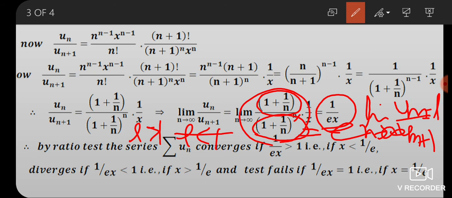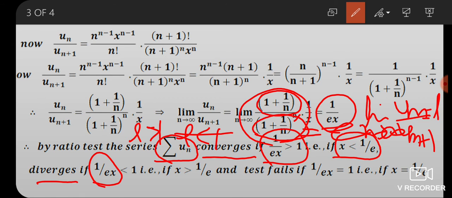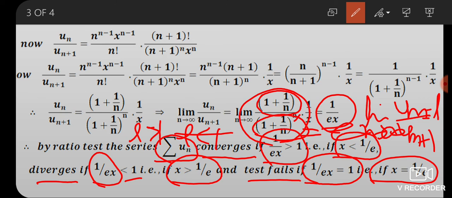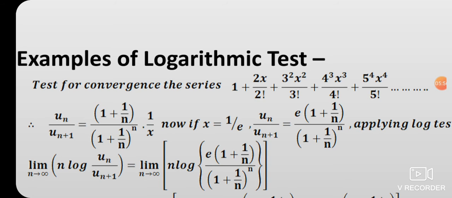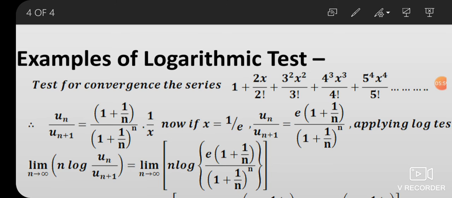So the series summation un converges if 1 upon ex is greater than 1, that is if x is less than 1 upon e, diverges if 1 upon ex is less than 1, that is if x is greater than 1 upon e, and D'Alembert's test fails if 1 upon ex equals 1, that is if x equals 1 upon e. D'Alembert's test fails when x equals 1 upon e. Put this in.